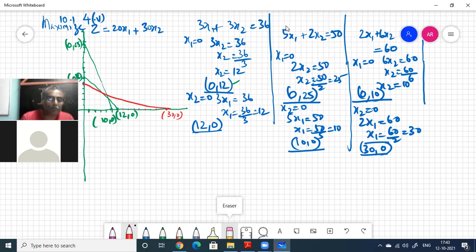Now what we have to do from here, maximize. We have to do the maximizing function. Which one we have to take in order to maximize now? This is 0, 0. Okay.